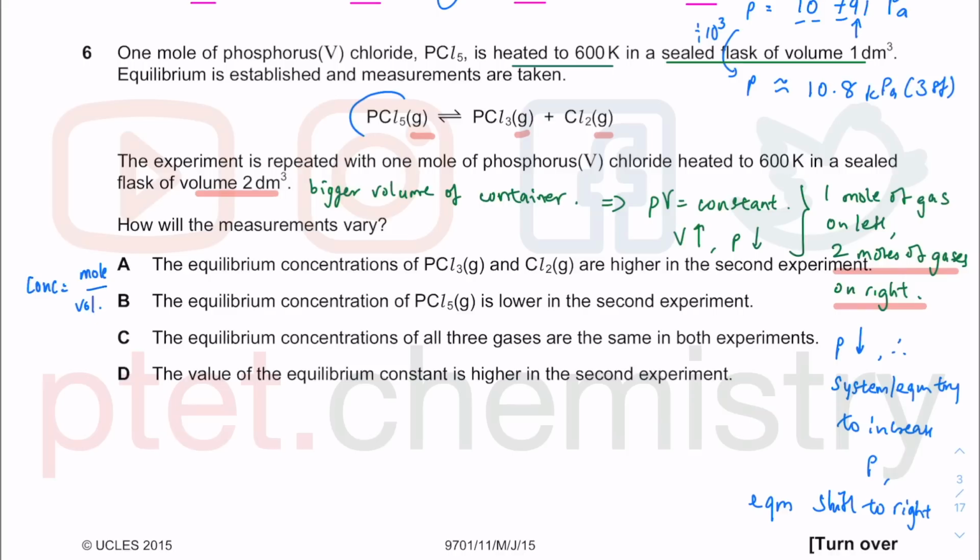So definitely the PCl5 is going to have much lower equilibrium concentration, bigger volume, lesser mole, following this change in equilibrium position, following this change in the volume of container as a result of the pressure changing there. So B is the only option there.